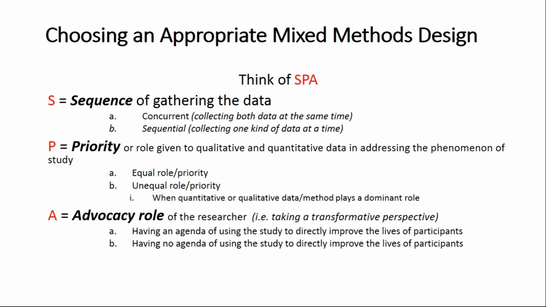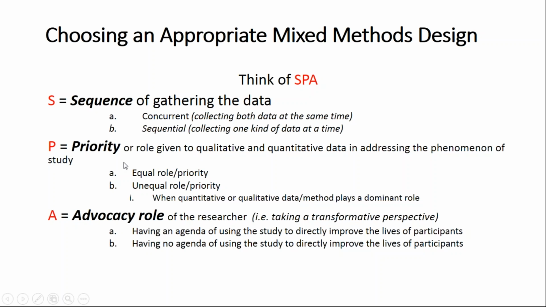So in terms of qualitative and quantitative data, do you want them to have equal weight in addressing the phenomenon, or do you want one to be dominant and the second approach to be less dominant?